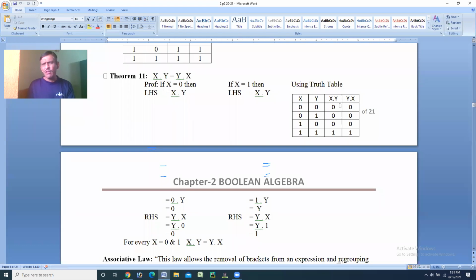If you observe the third column and fourth column values, that is LHS column and RHS column values, 0, 0, 0, 1 and 0, 0, 0, 1, both the columns are same, that is LHS equal to RHS, hence the theorem is proved. So this is about the complementary law for addition and multiplication.